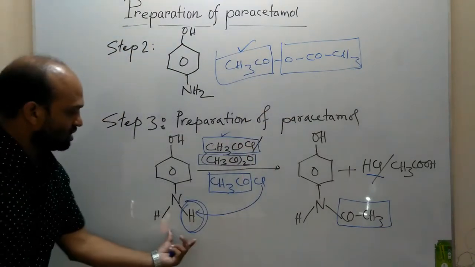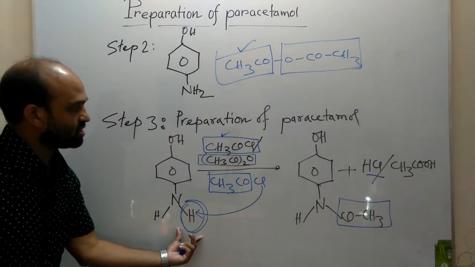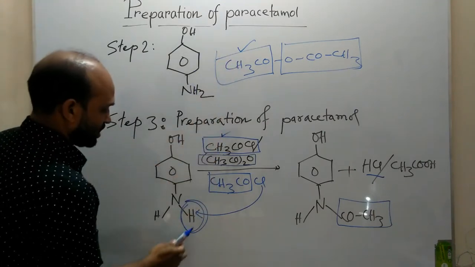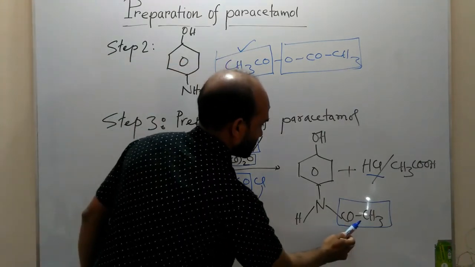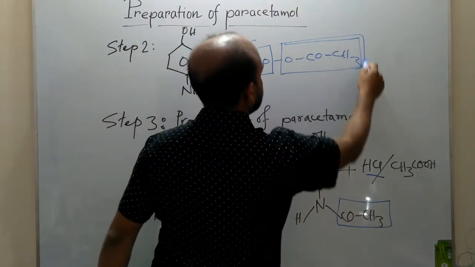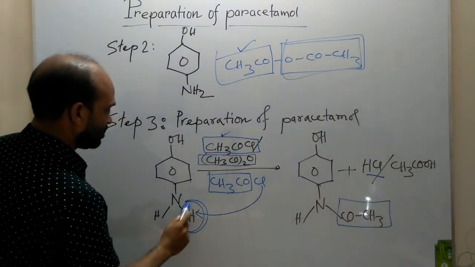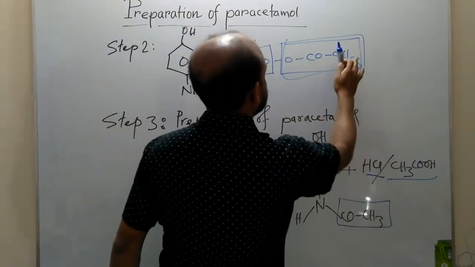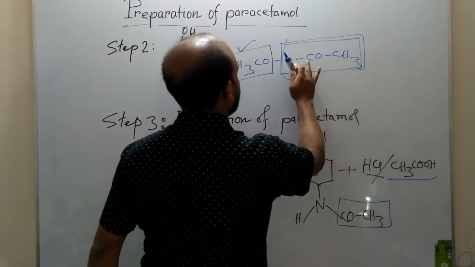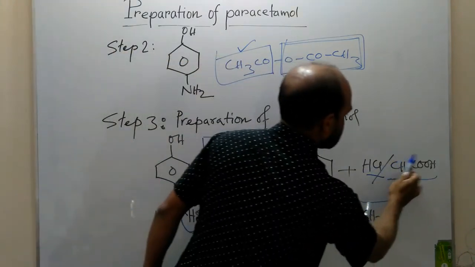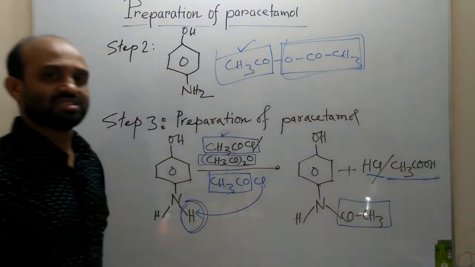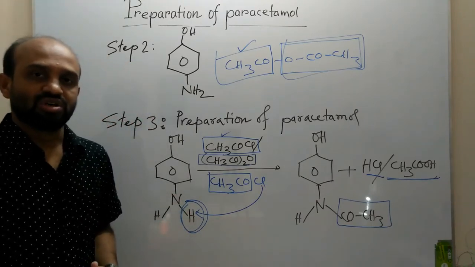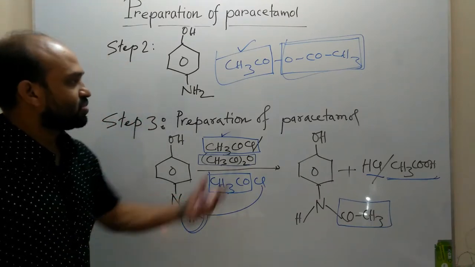This portion replaces this hydrogen and paracetamol is formed, and another portion combines with the hydrogen which is removed here, and then CH3COOH, that is acetic acid is formed. So this is the way by which we can produce paracetamol.